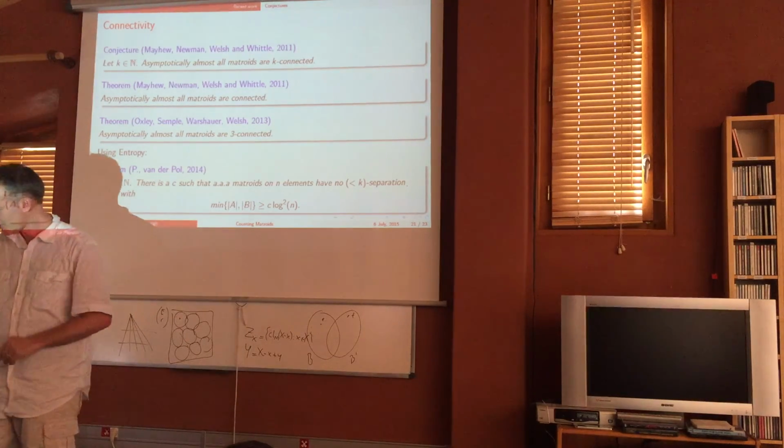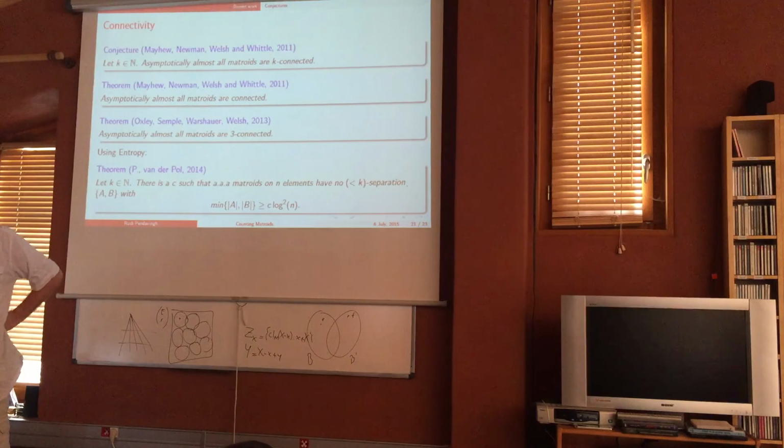So perhaps there's still something you can do to deal with the other half of this statement. If you had a much sharper estimate for how many matroids there are on the small side of the separation, would this theorem be better? Is it the interaction across the separation that's the new element?